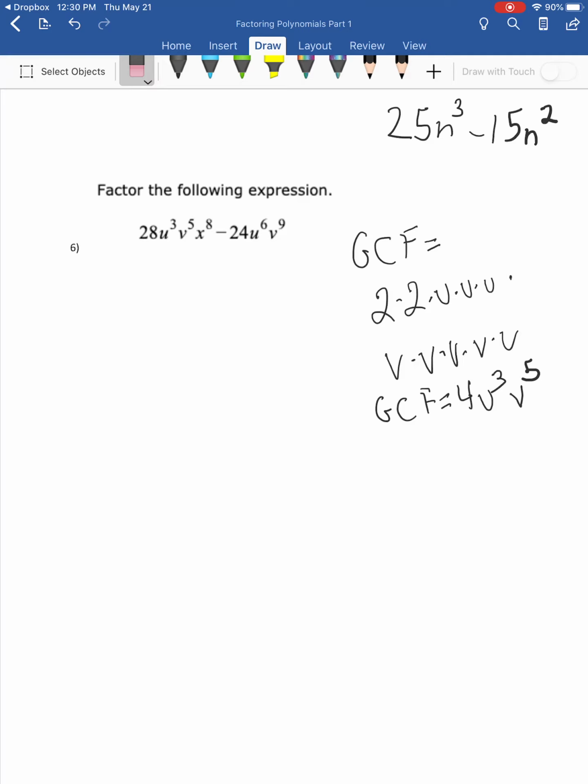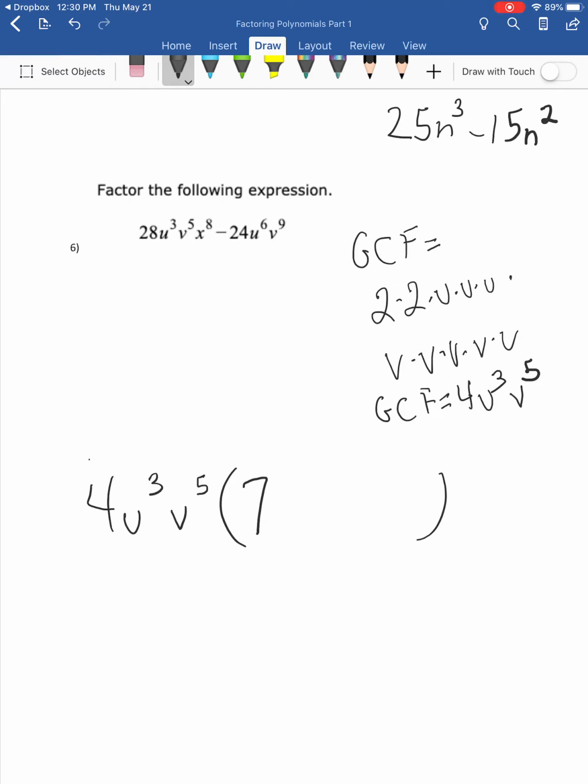All right, so to factor this, we're going to take the GCF, the 4u cubed v to the 5th, and use that to remake the polynomial. Okay, from 4 we need 28, so that's going to give 7. U cubed, we need a u cubed, so we don't need to do anything. V to the 5th, we need a v to the 5th, don't need to do anything.